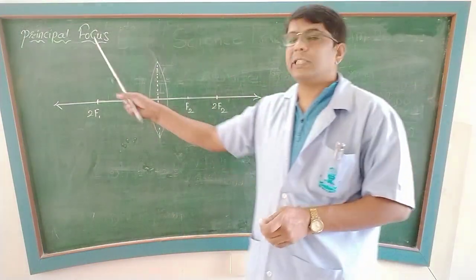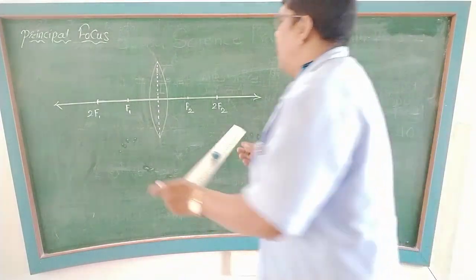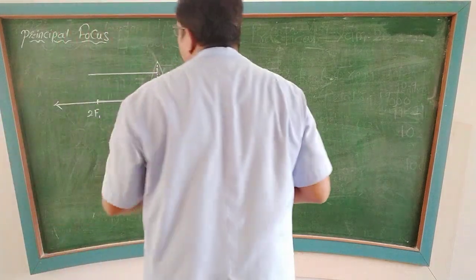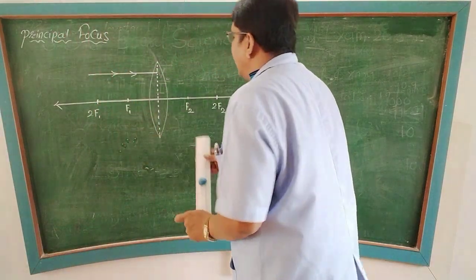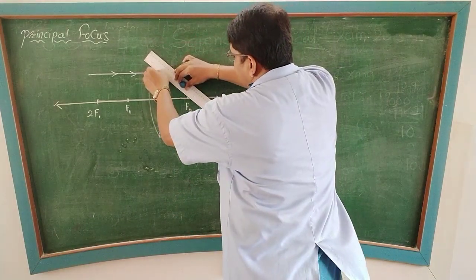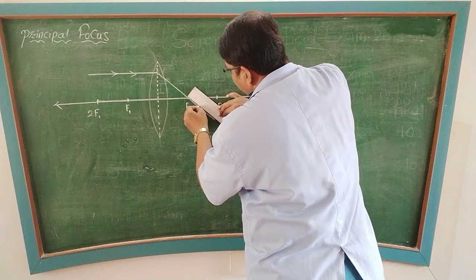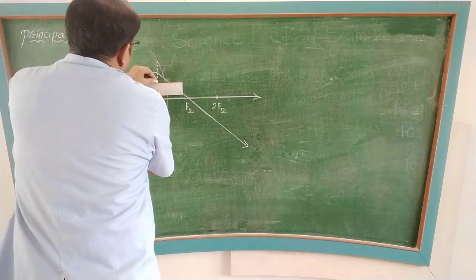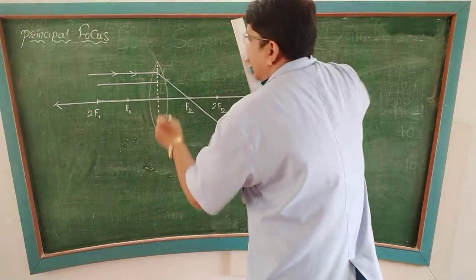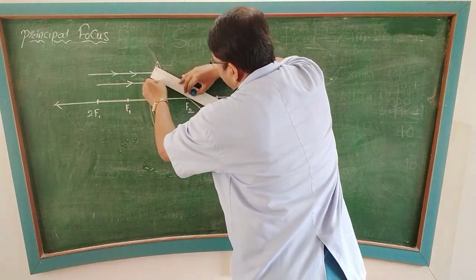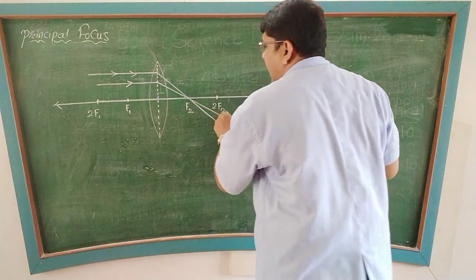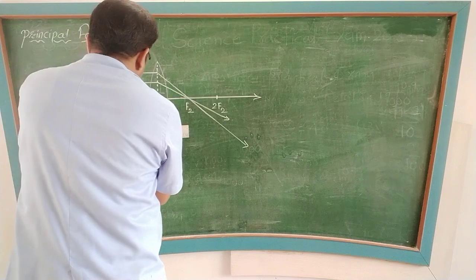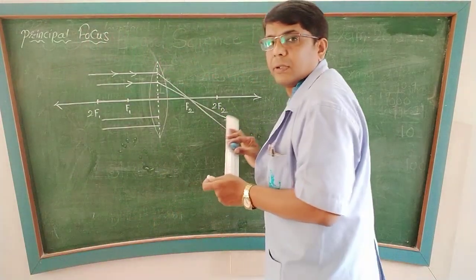Now we are studying principal focus, that is, rays of light parallel to the principal axis, and when they are incident on the convex lens, after refraction they meet each other at a point on the other side of the lens.